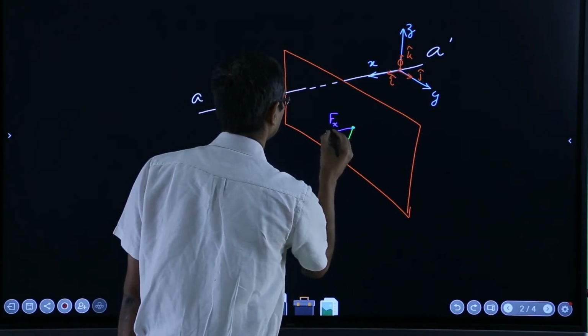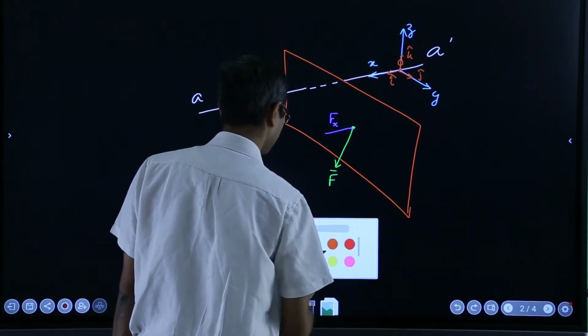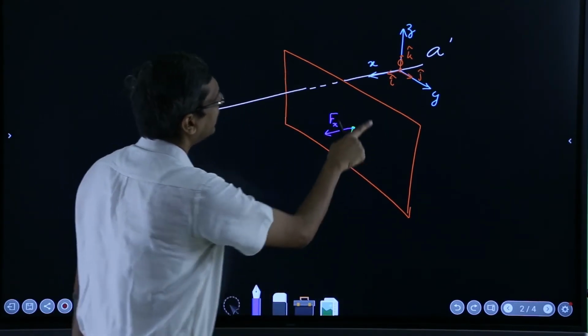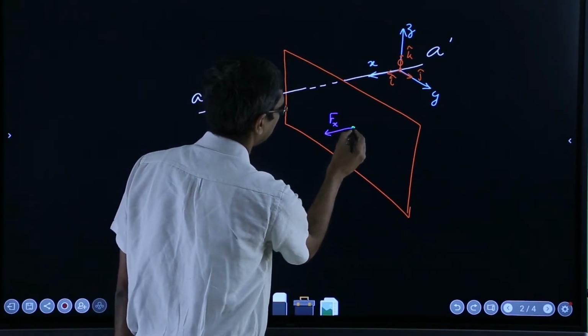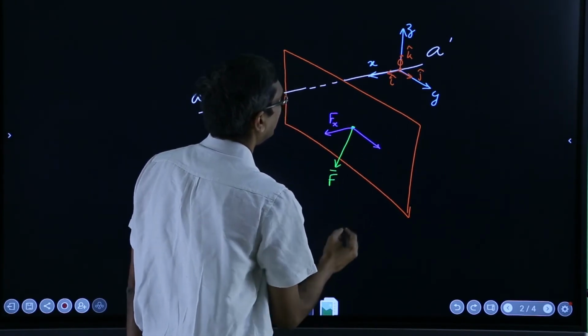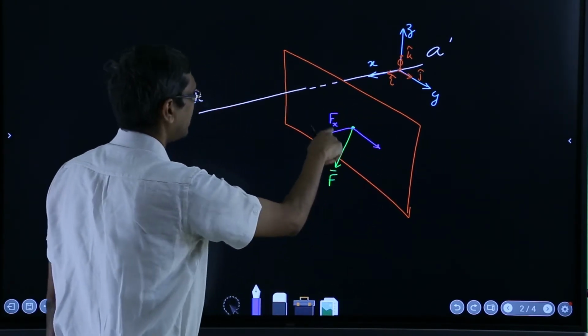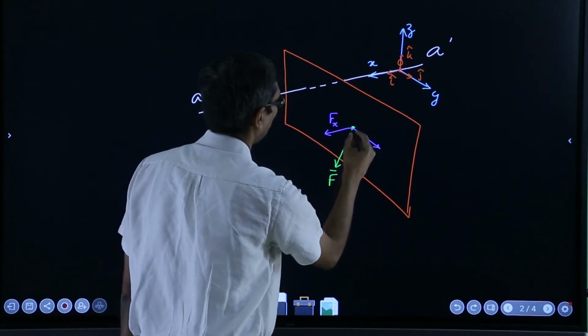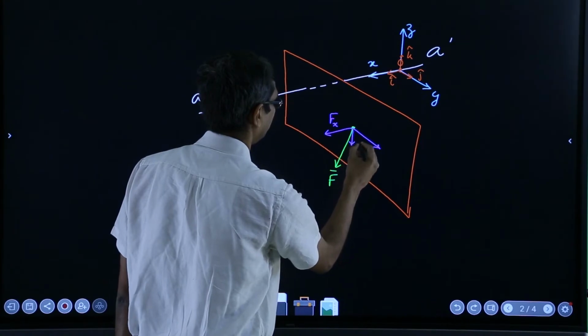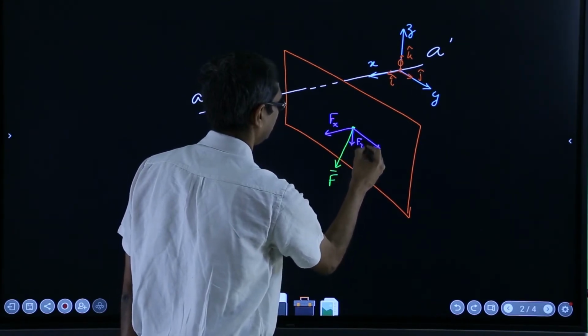Now, this side is f x, and f y is this maybe, and f z may be like this.